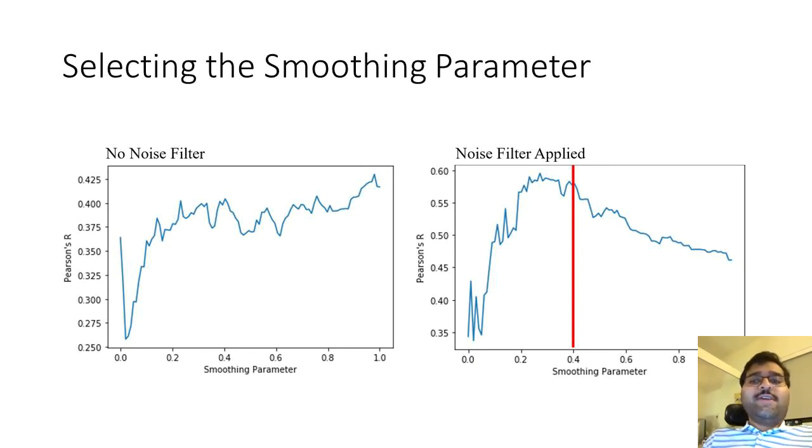And so we selected a smoothing parameter of about 0.40, which gave us a very high, close to the absolute maximum interreplicate correlation coefficient and reasonably stiff curves. It's also worth noting that if we compare the graph on the right, which shows our correlation coefficients with the noise filter, versus the graph on the left, which is without the noise filter, the filter significantly improves our interreplicate correlation coefficients, indicating that it works.